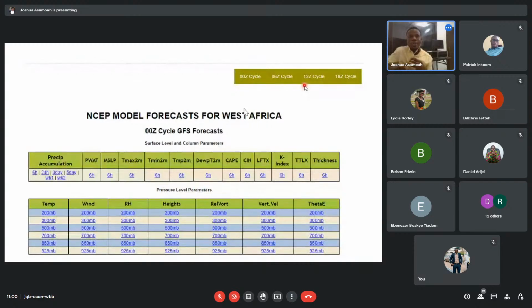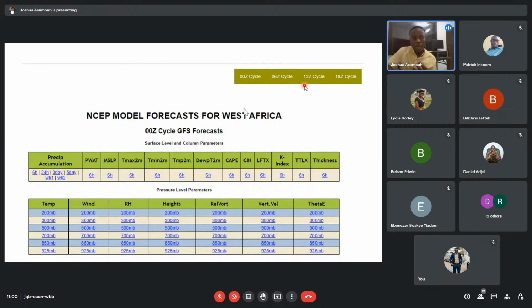And so the advice I would give is that once you've gone through the satellites and then the observations that we've seen, and then you know what is happening at that particular point in time, use any of the cycles that were able to predict those conditions that you are seeing now as a form of validation for your model. So if I use midnight cycle, I came in the morning at 9 a.m. I want to make a forecast.